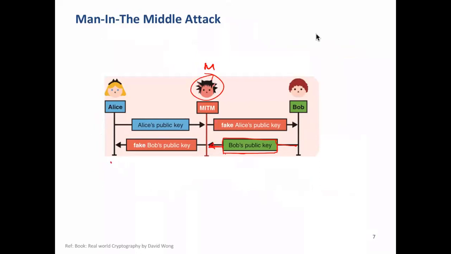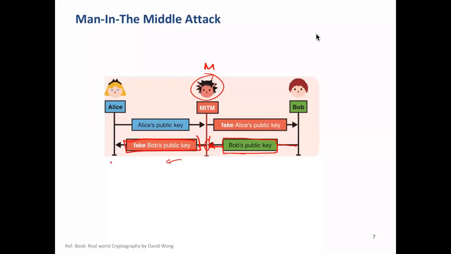When we say man in the middle, it means that the message does not go to Alice. It is intercepted in between. For example, Alice exists in a router. Okay, a router comes on the way, and then Mallory can read this public key and then produce her own fake public key, which she knows.